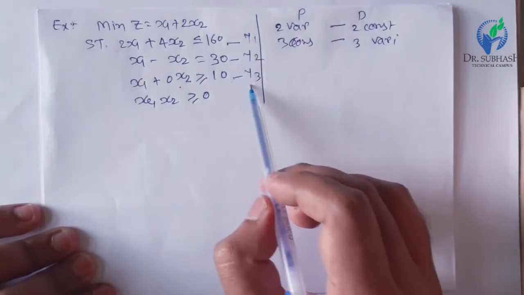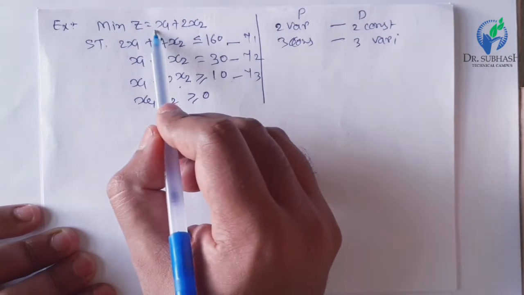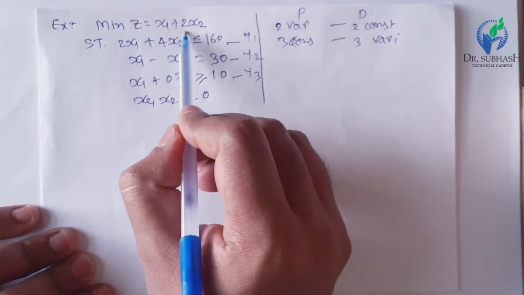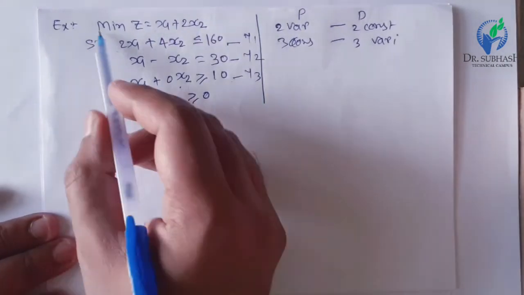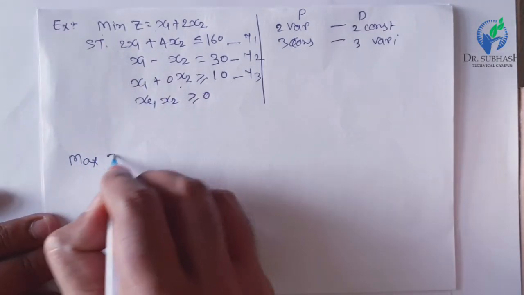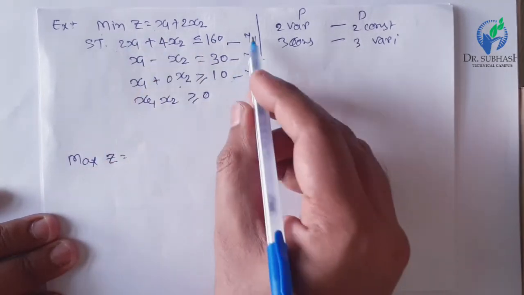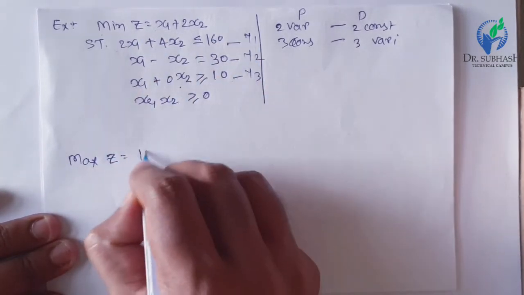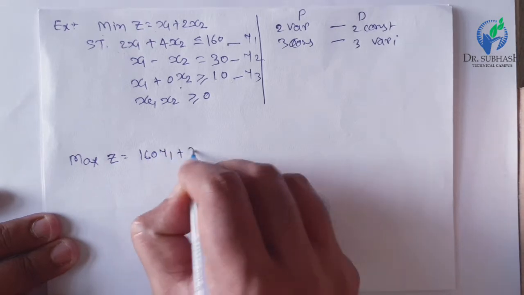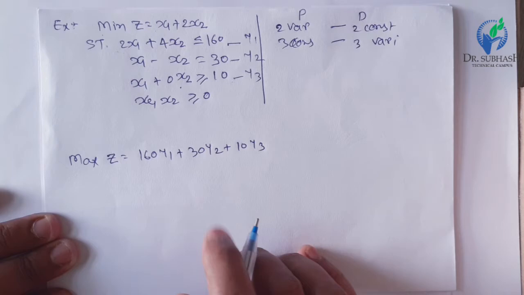So there are 3 variables here, and the right hand side will be the objective function for the constraints, and minimization type will become maximization type. So maximize z equal to 160 y1 plus 30 y2 plus 10 y3.